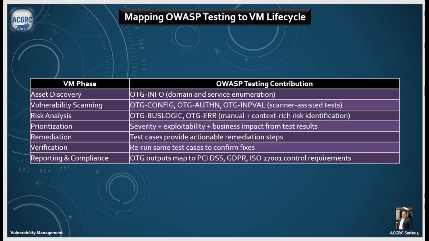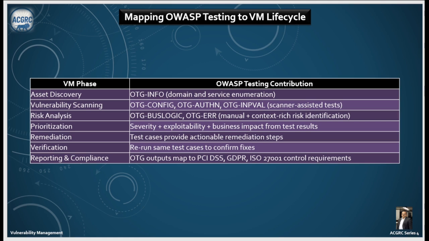When we look at detect, from a VM perspective, it means running scans and tests to discover known and unknown vulnerabilities. From an OWASP perspective, the core testing phase, which is authentication, authorization, input validation, business logic, and API testing, helps manually or semi-automatically detect real-world flaws in the app's behavior, design, and logic.